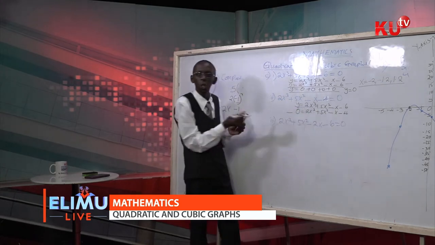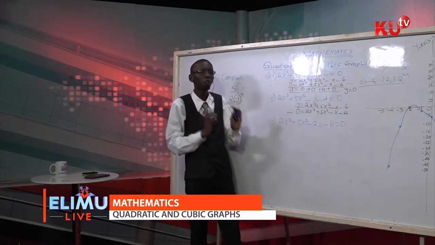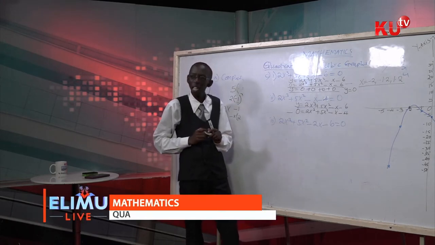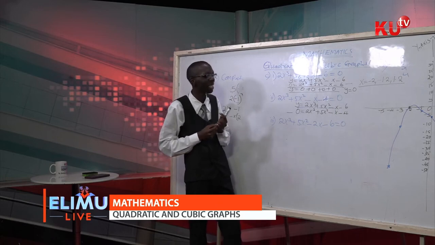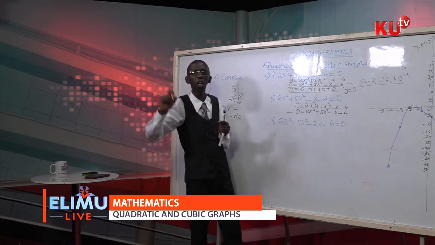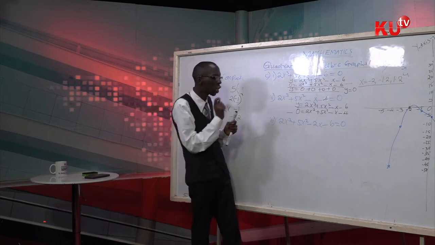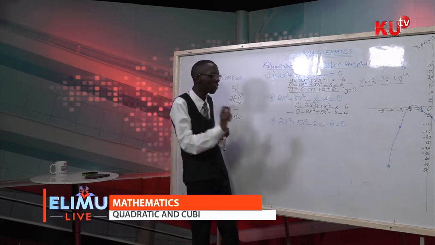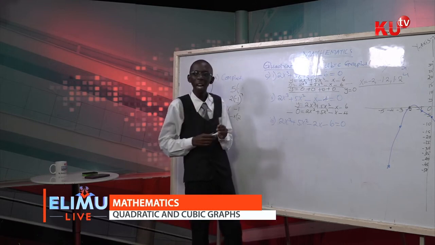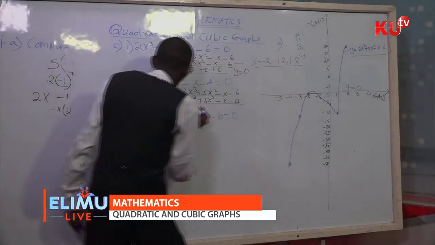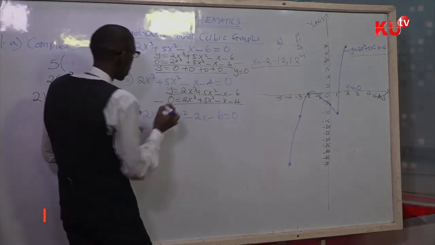You are using the graph whose equation is this one to solve this other equation. So you take the equation of the graph, y is equal to 2x cubed plus 5x squared minus x minus 6. You subtract the equation that you are solving, 0 is equal to 2x cubed plus 5x squared minus x minus 4.